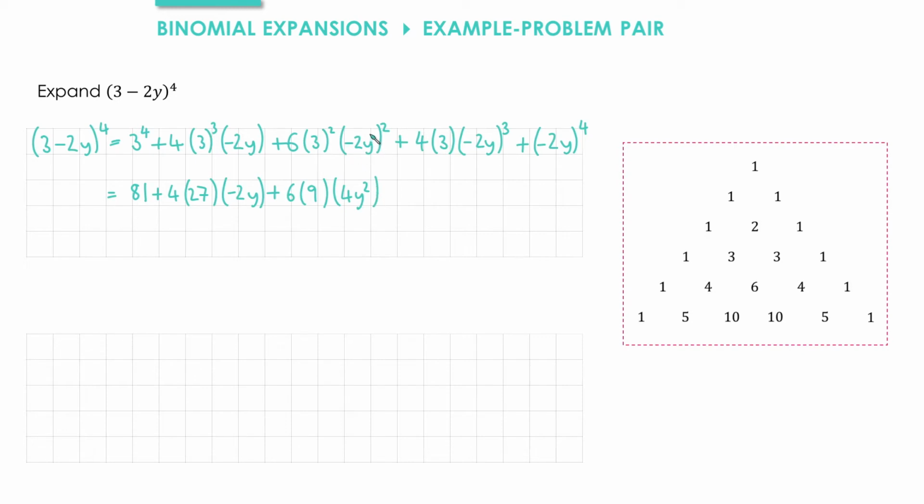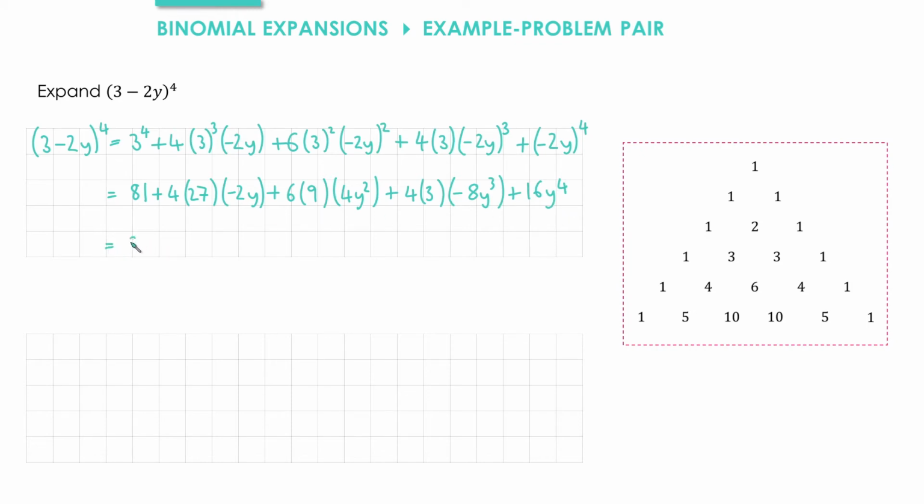And that's why it's so important to have these brackets around this term here, so that you make sure that you apply the power to everything that's inside the bracket. If you don't do that, you'll often get this value wrong, and you'll often get the sign wrong as well in certain terms. Next up, we've got 4 times 3. And then minus 2 cubed is still negative. It's negative 8. So we get negative 8y cubed. And then for the final term, minus 2 to the power of 4 is positive 16. And so we get 16y to the power of 4.